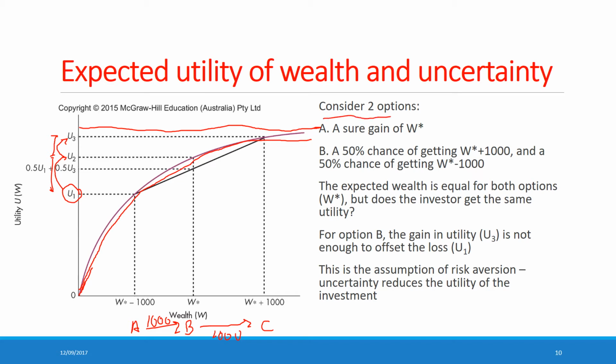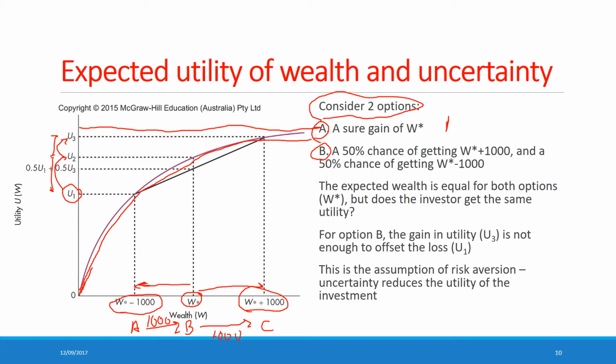So, for example, if investors are given two options: option A is to get a sure gain of W star. Option B is a situation where there is a 50% chance of getting W star plus $1,000, but at the same time a 50% chance of losing $1,000.